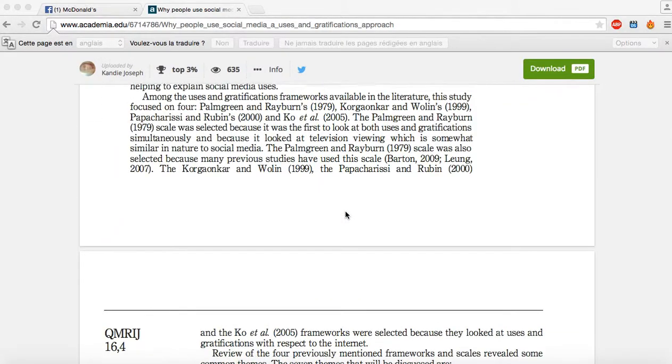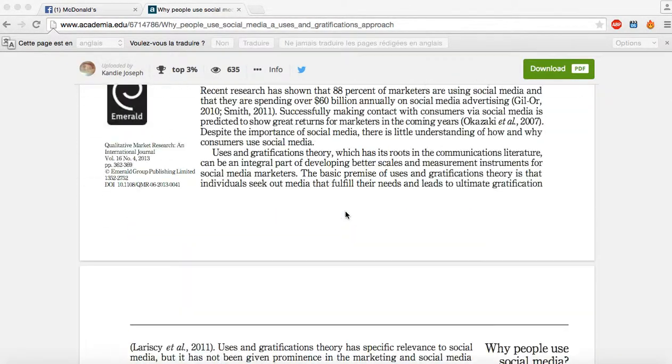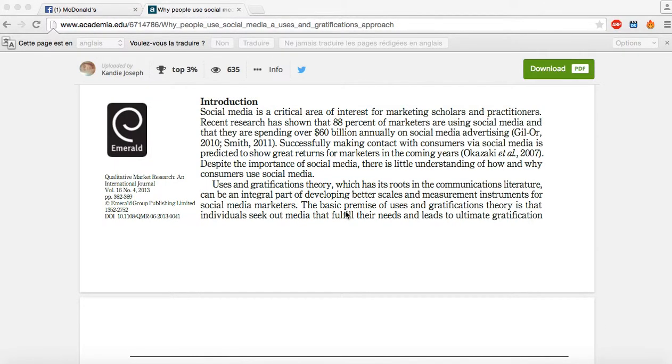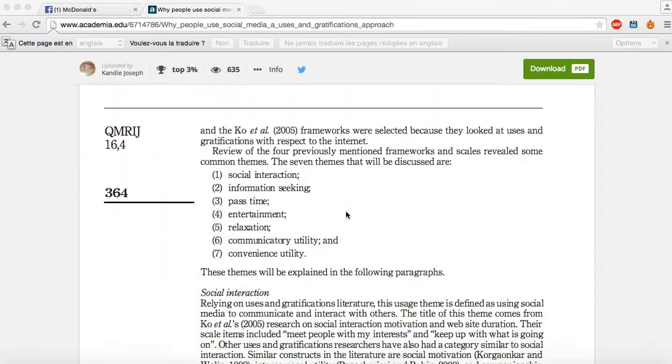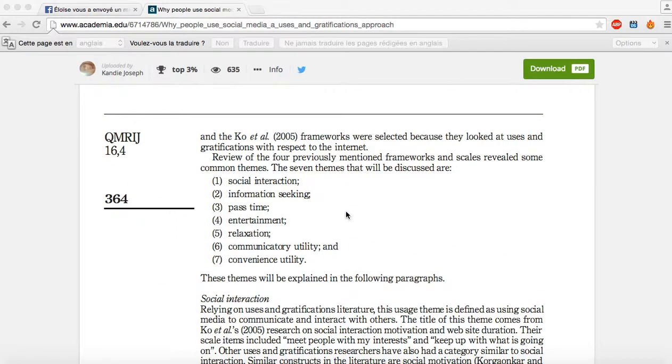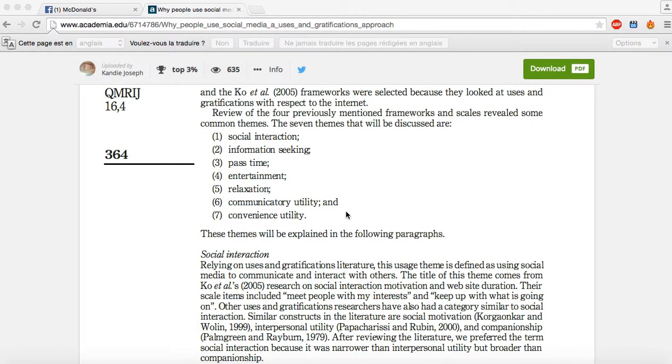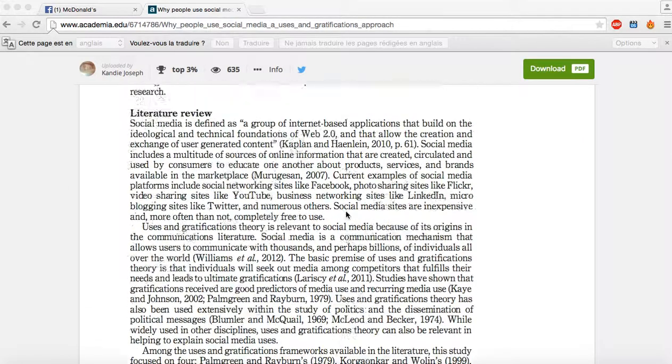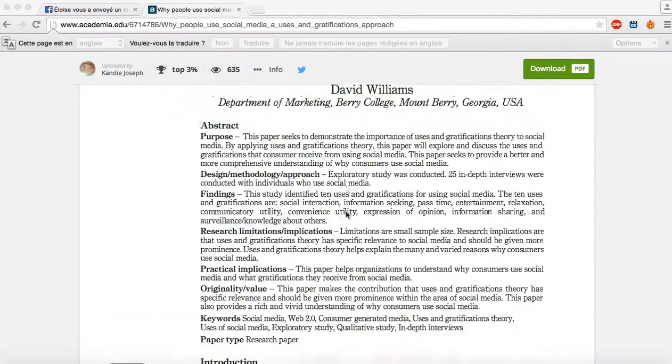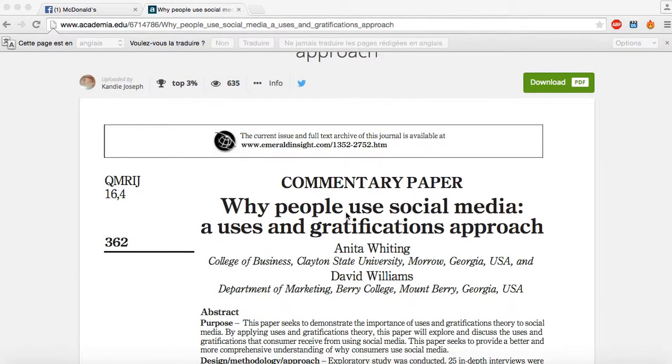In my opinion, I found this article pretty interesting. And I think the uses and gratification theory is pretty true and realistic, and the themes are realistic as well. But I think that the study they made is not really relevant.